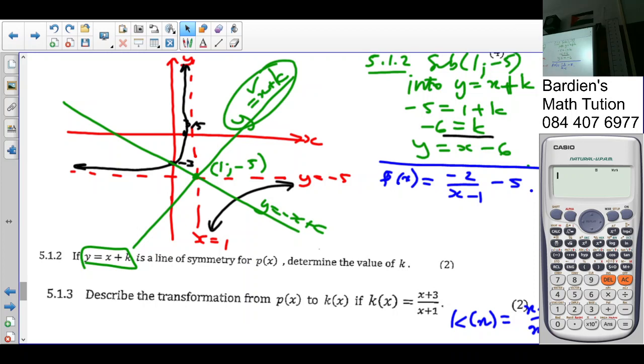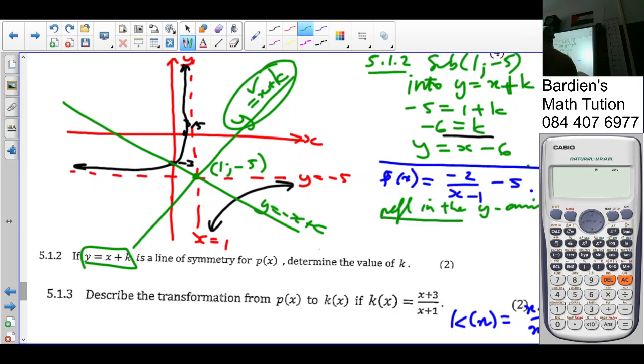So it's one of two things. I could have either translated it from negative 1 to 1. It had moved 2 units to the left. You could have said that. The graph is shifting 2 units to the left. Or I could have said the graph is reflected in the y-axis.